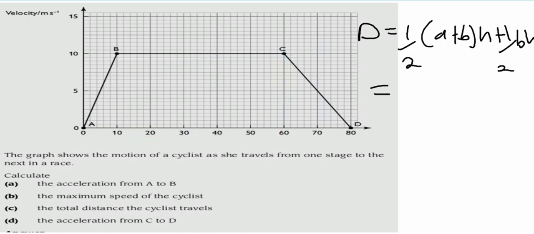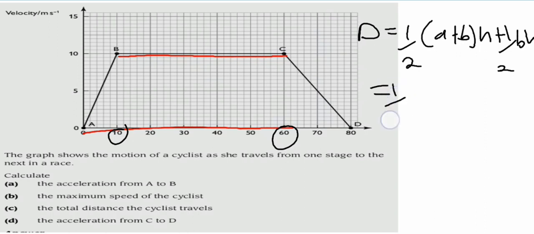So we can say that line BC is parallel to line AC. The value for A is going to be the distance from B up to C. We start from 10 and end at 60, so 60 minus 10 gives us 50.